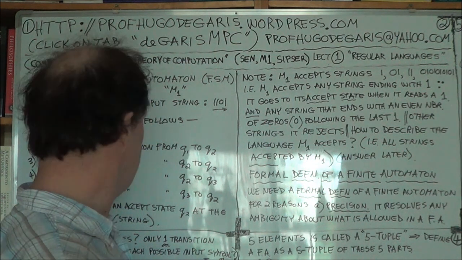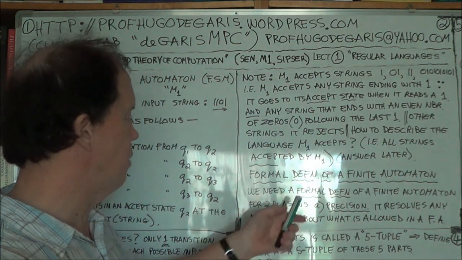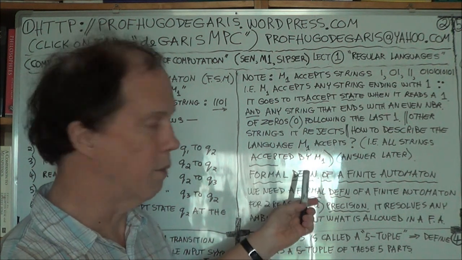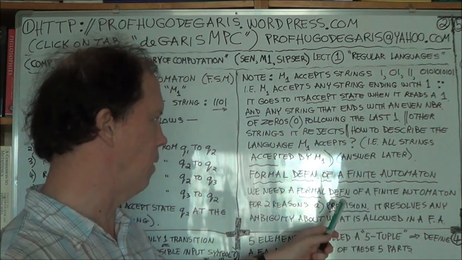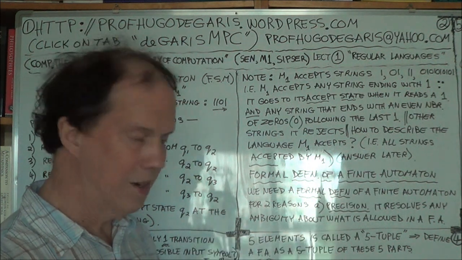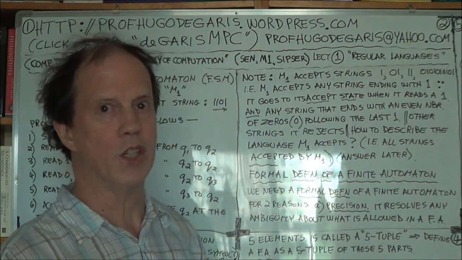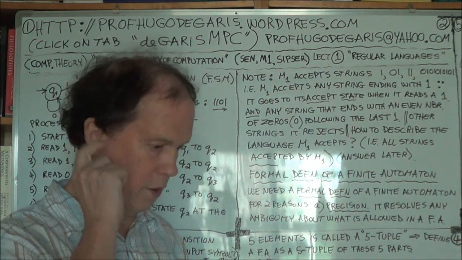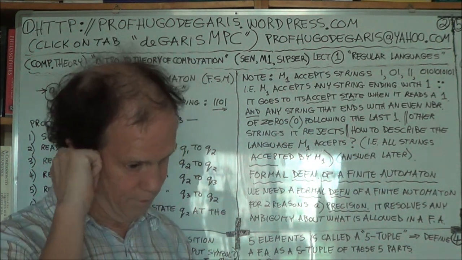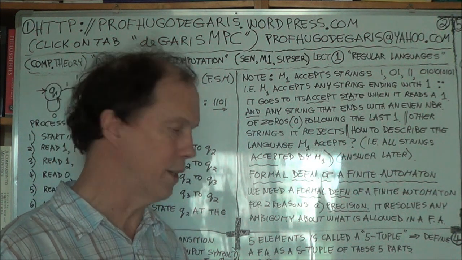So, just summarising, there are two main reasons for having a formal definition of a finite automaton. One is precision, so very clear, and the other one is notation, so you can use that notation in the future for describing other automata.